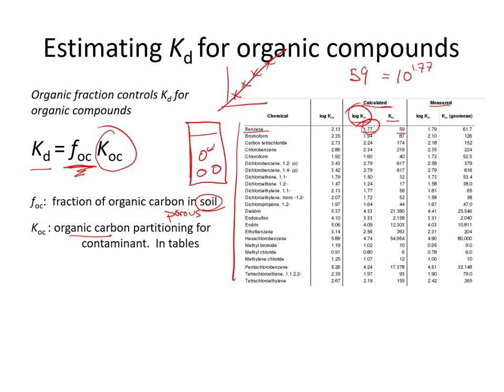So if you're given a table with log of Koc, make sure to do that to get the actual Koc. And then to get the Kd, you would take that number there and multiply by the fraction of organic carbon.